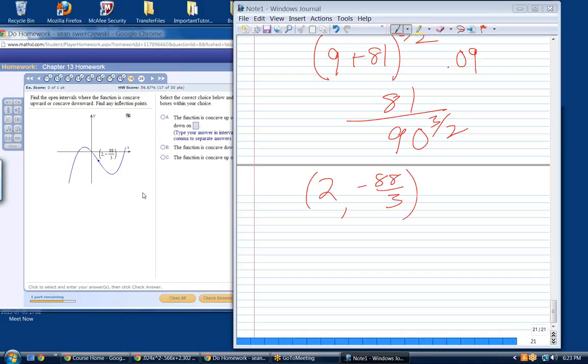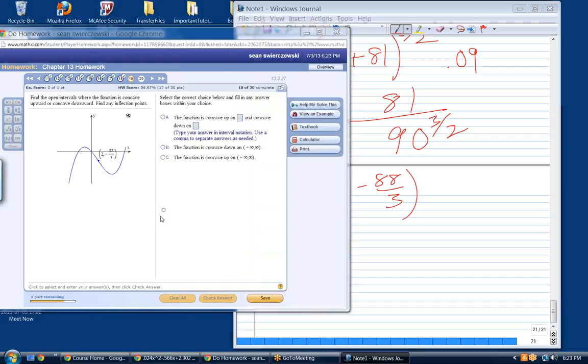So we can say that the function is concave down from negative infinity to 2. It's concave up from 2 to positive infinity.